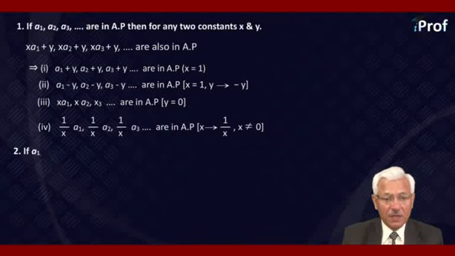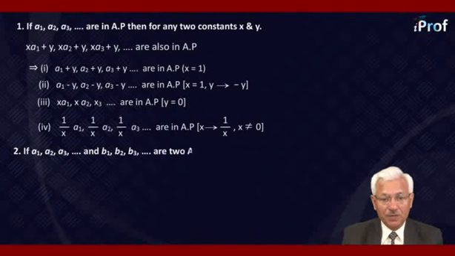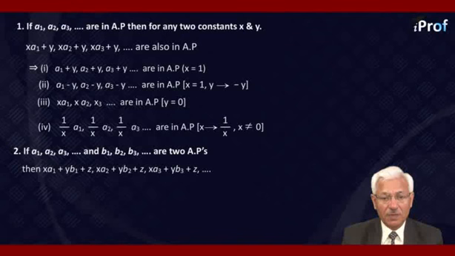Let's take the second property. If A1, A2, A3, and so on are in AP and B1, B2, B3, and so on is another AP, then xA1 plus yB1 plus z, xA2 plus yB2 plus z, xA3 plus yB3 plus z, and so on, is also an AP, which gives us some results.